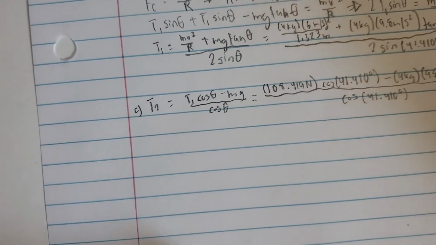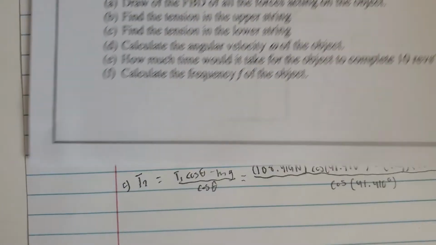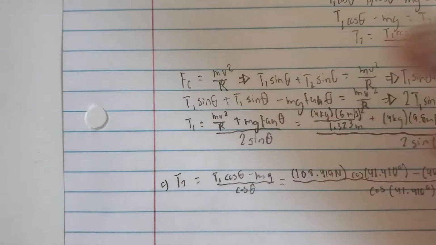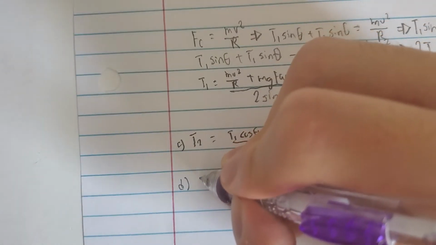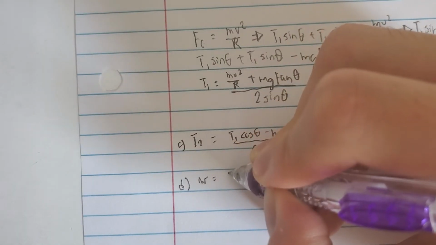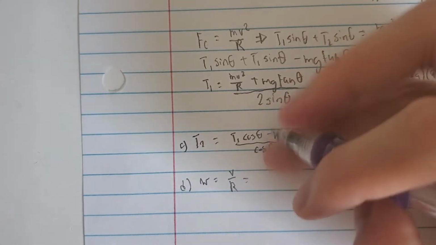Okay. Now part D wants us to calculate the angular velocity of the object. This is quite easy. The equation for angular velocity is velocity divided by the radius. So we just have to put in our numbers.